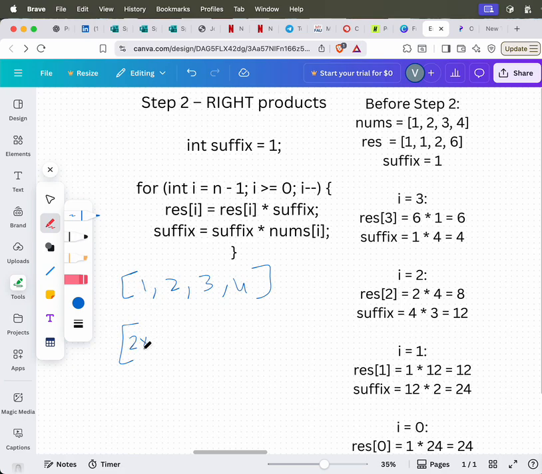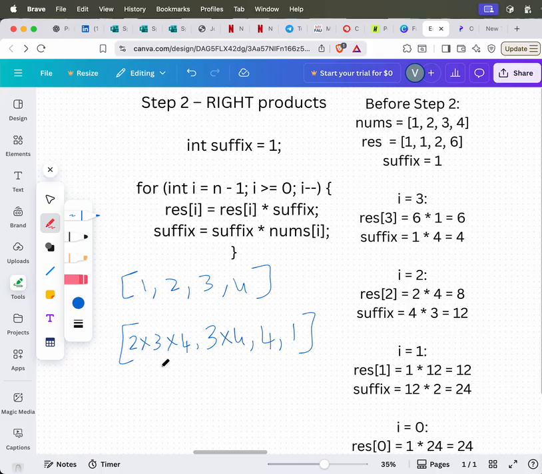So for 1 we do 2 into 3 into 4. Except 2, multiply all other numbers on the right, which is 3 into 4. Except 3, multiply all other numbers on the right side, which is 4. Except 4, multiply all other numbers on the right side, which is nothing, so take it as 1.